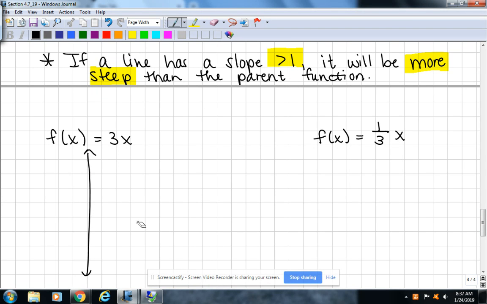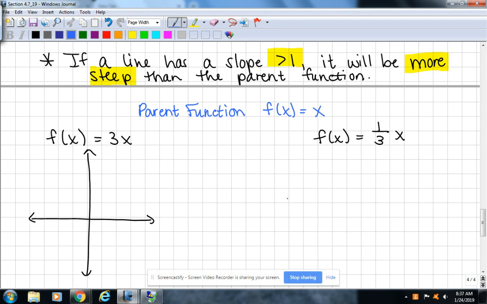Okay. So I'm just drawing an x and y axis. And I'm going to graph the parent function in blue. What's the function for the parent function? F of x equals x.